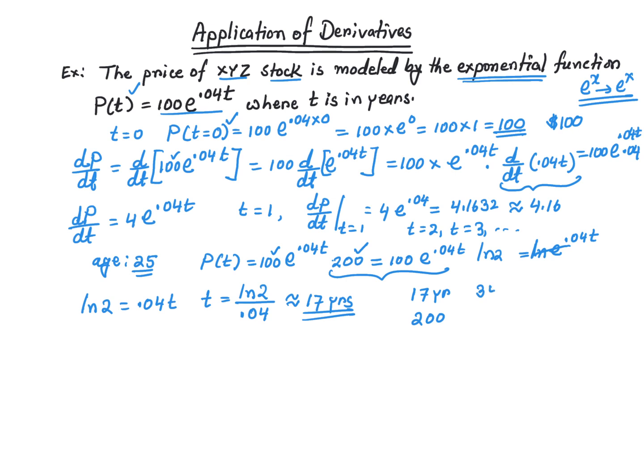After 34 years, you're still working, it's going to be $400. After 51 years, it's going to be $800, and you can see now this is exponential growth, a very powerful growth.